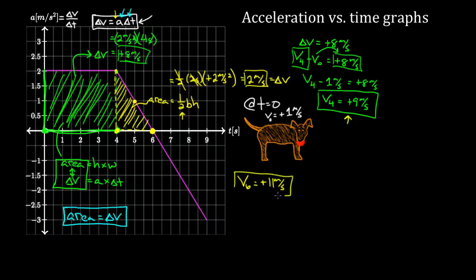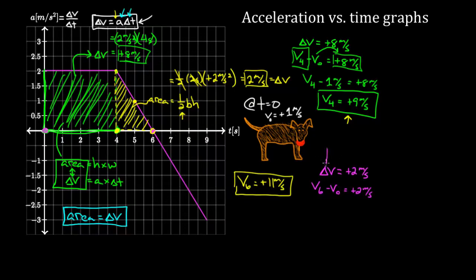You might say, wait a minute. Hold on now. If we want delta V, and that's positive 2, shouldn't delta V be the whole thing from 0 to 6 seconds? Shouldn't I say V at 6 seconds minus V at 0 is positive 2 meters per second? And I can't do that. And the reason I can't do that is because look at what I did.